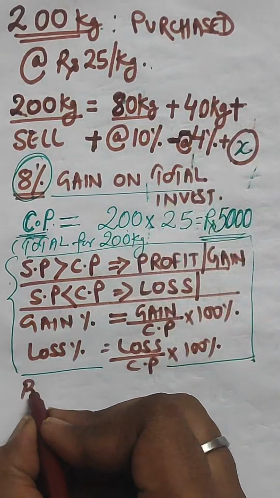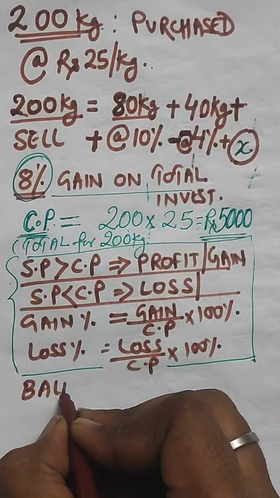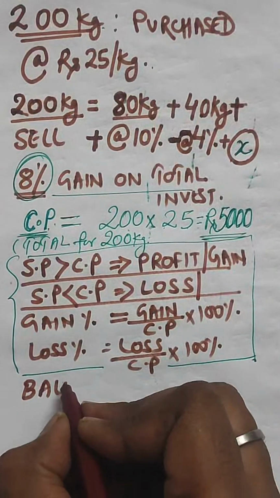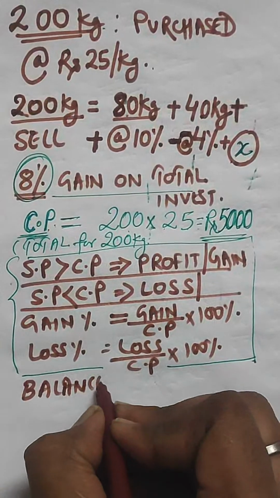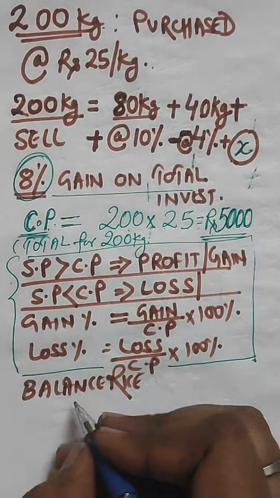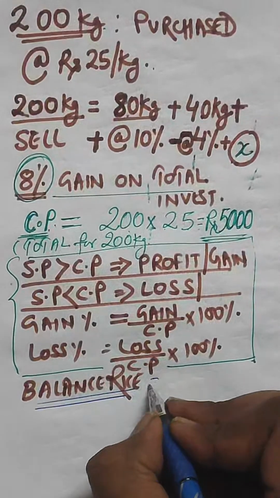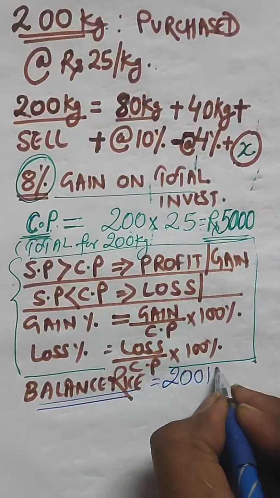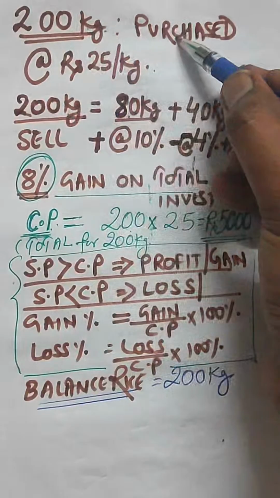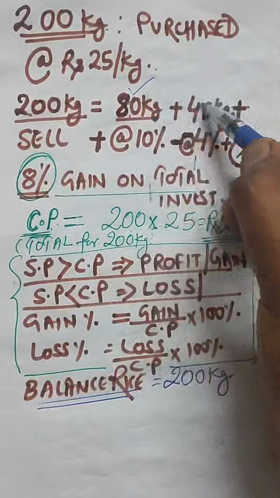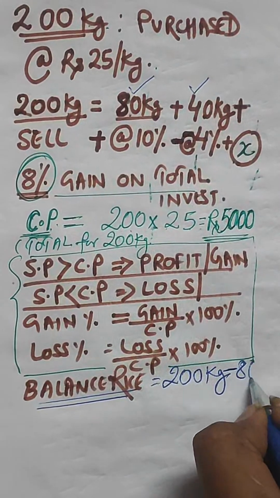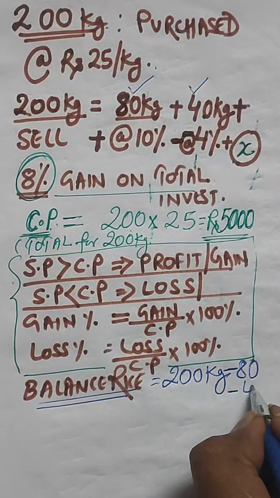So the balance rice can be calculated as 200 kg, the original amount he purchased, minus this 80 and minus this 40.